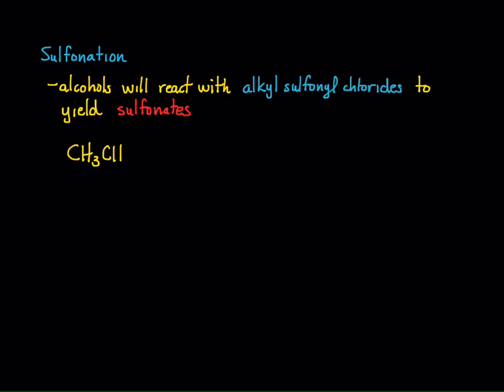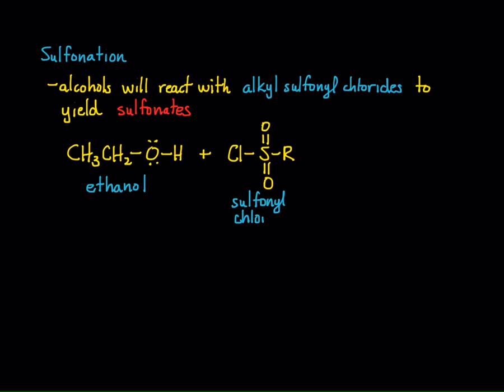So in a generic reaction, I'm going to take ethanol, and I'm going to react that ethanol with this right here. This is called a sulfonyl chloride, or an alkyl sulfonyl chloride, right? Because I have some alkyl group coming off of the sulfur.